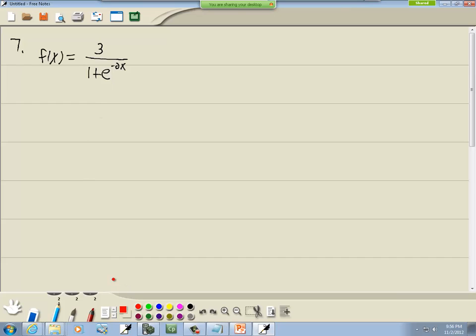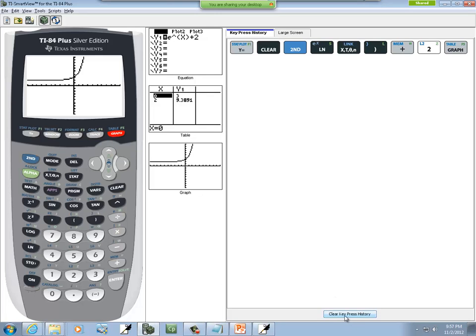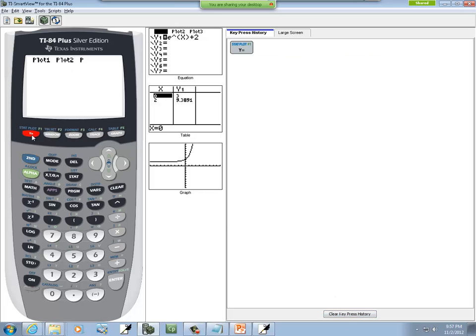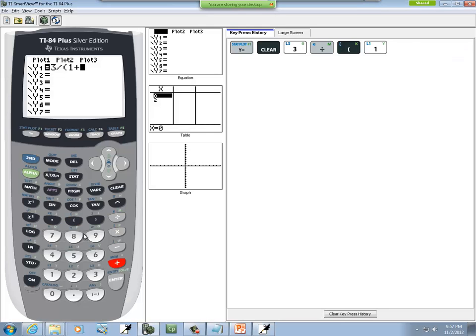The key part on graphing this is if you have a fraction, if you have more than a single number or a single variable in the top or bottom, then you want to put parentheses around the top and or bottom. Well, the top is okay, but the bottom, we have to put parentheses around when we plug it in our calculator. So I'm going to press y equals, press clear, 3 divided by, and I'll put beginning parentheses around the bottom part, then 1 plus second ln for the e.